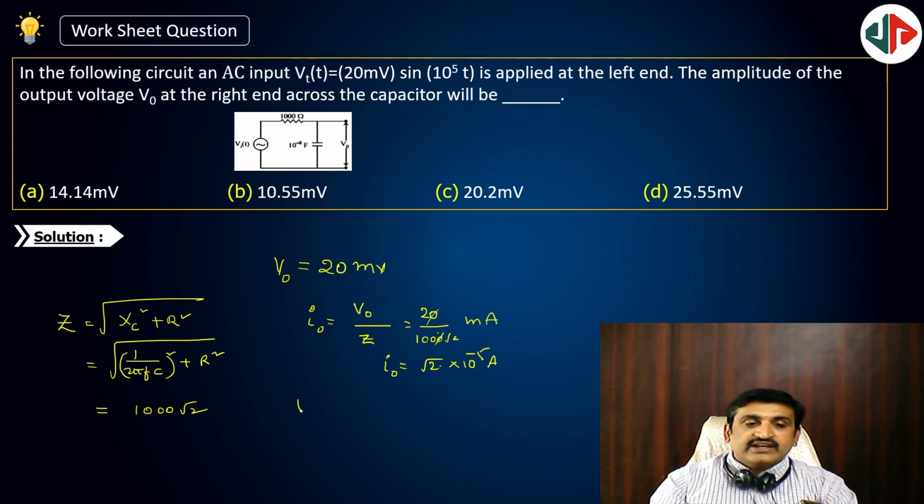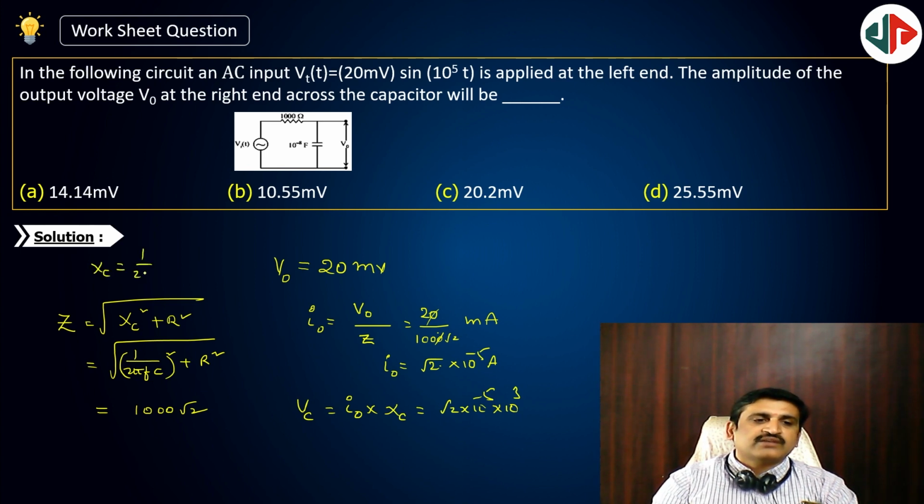Now the voltage across the capacitor is equal to I0 into XC. XC equal to 1 by 2 pi FC is 1000 ohms, so just substitute the given frequency.